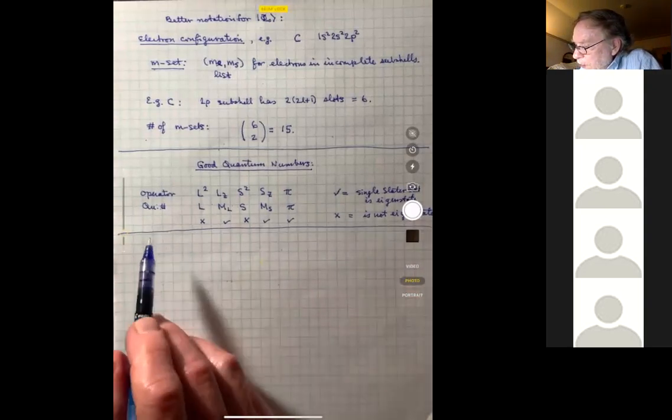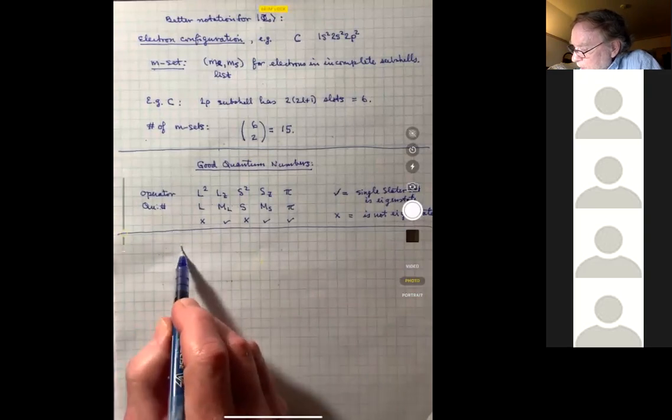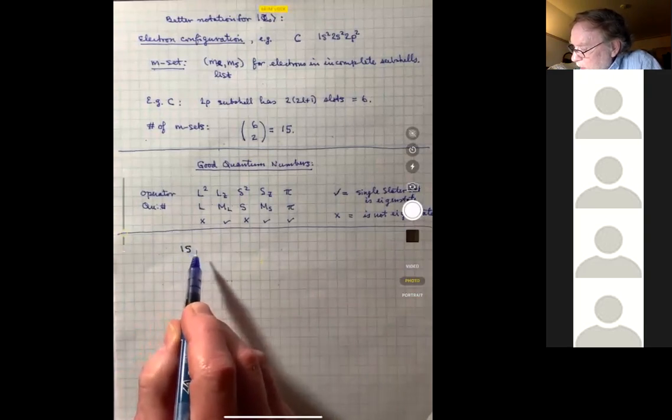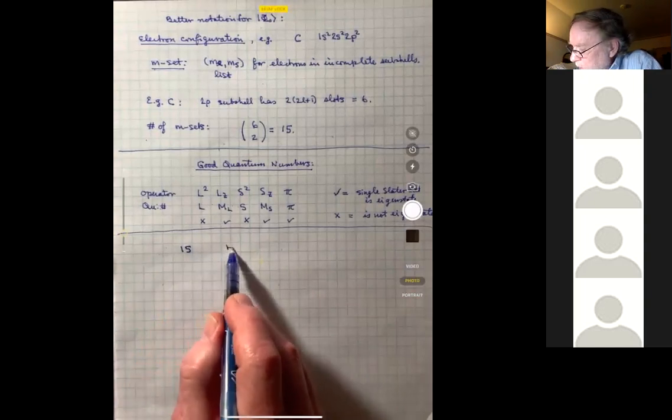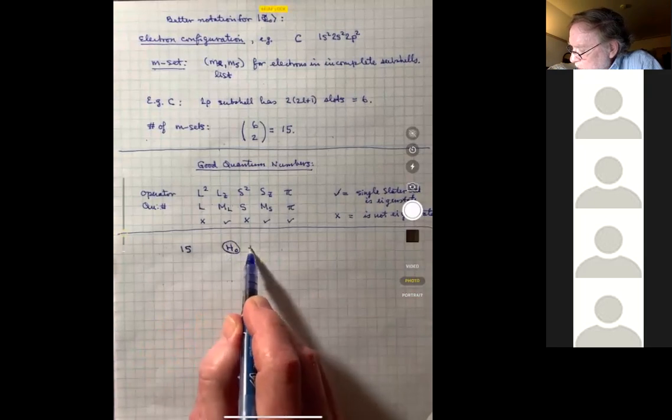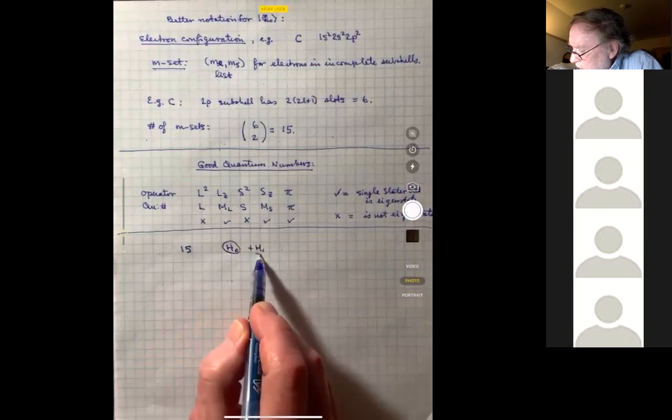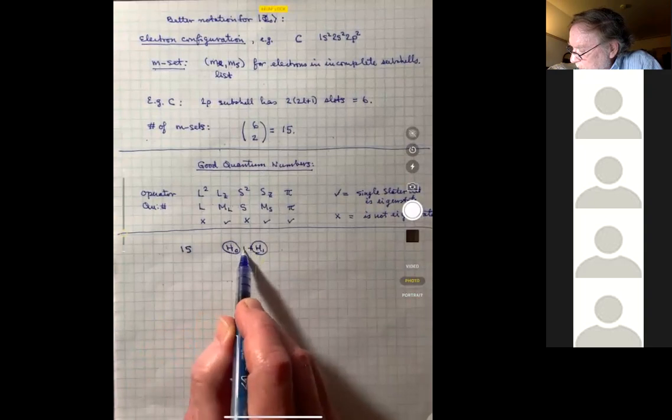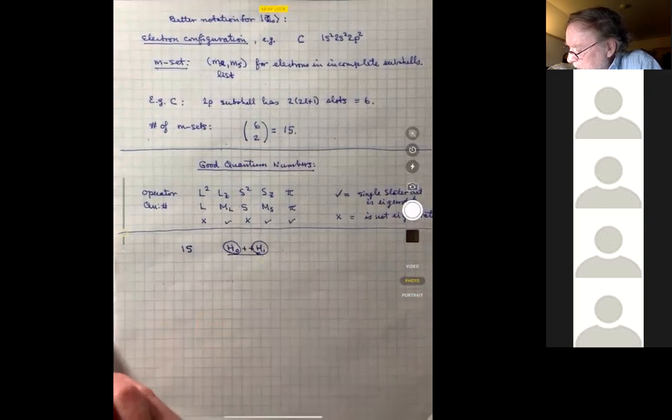So thinking of the case of carbon, for example, we have this 15-dimensional ground eigenspace of the central field Hamiltonian H0. And if we add H1, which is the residual Coulomb interaction, we'll get the electrostatic model. So let's keep that in mind.